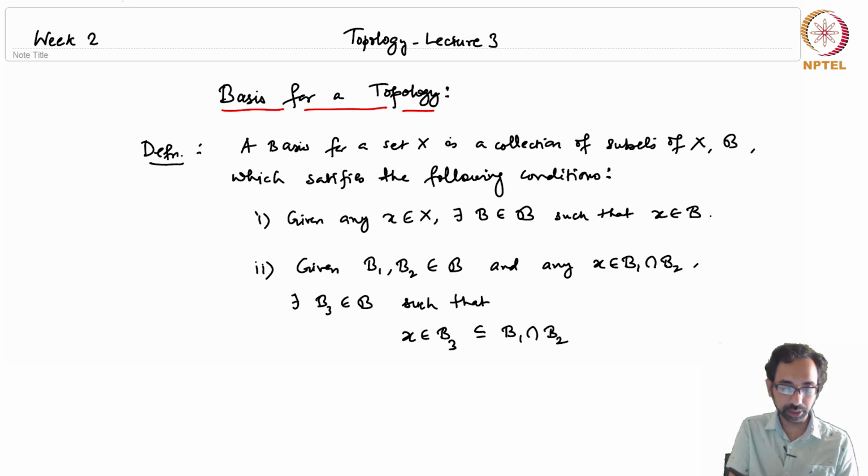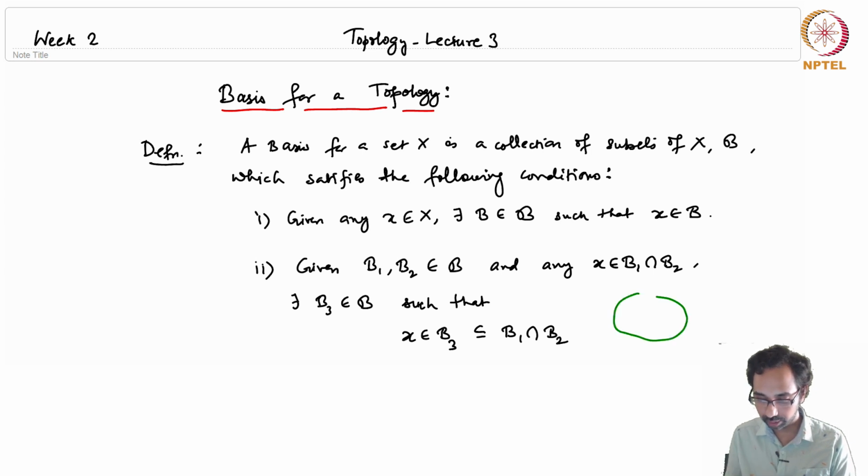So if we just see a Venn diagram here, you have B1 and B2, and X belongs to the intersection of these two sets.